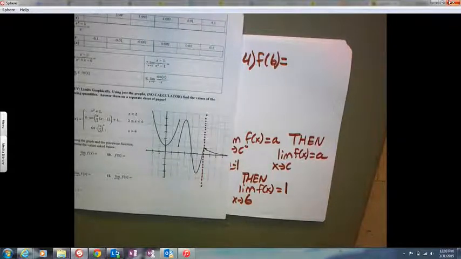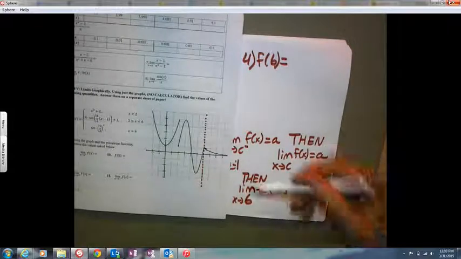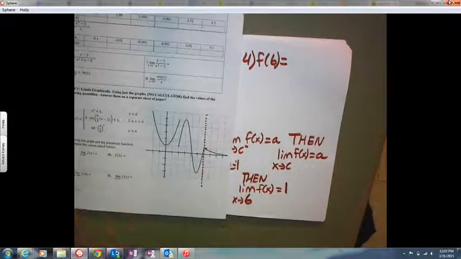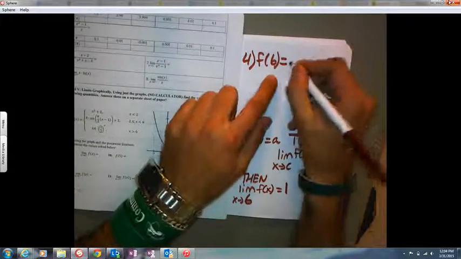In other words, what happens at the wall itself? Well, when x is 6, the function is undefined. There is no y value. F of 6 is undefined.